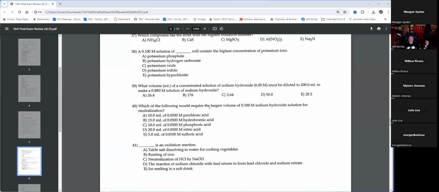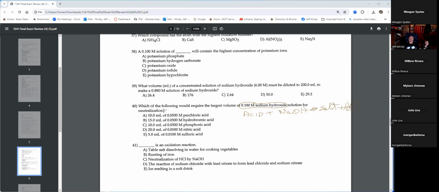Okay, which of the following would require the largest volume of 0.1 molar sodium hydroxide? So here's sodium hydroxide, guys. This is going to be an acid-base reaction, and what they're talking about is neutralization, where you get salt and water.